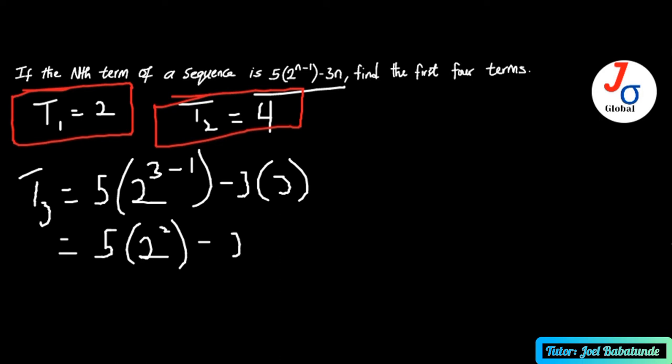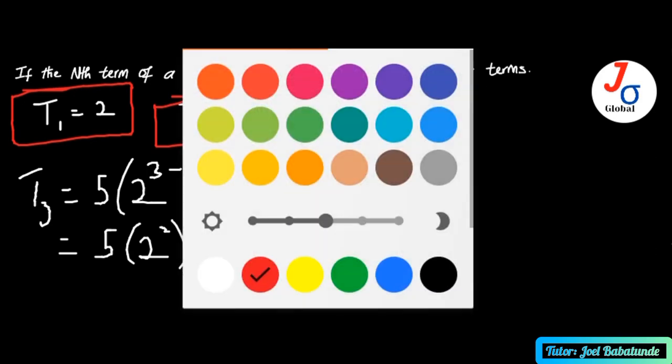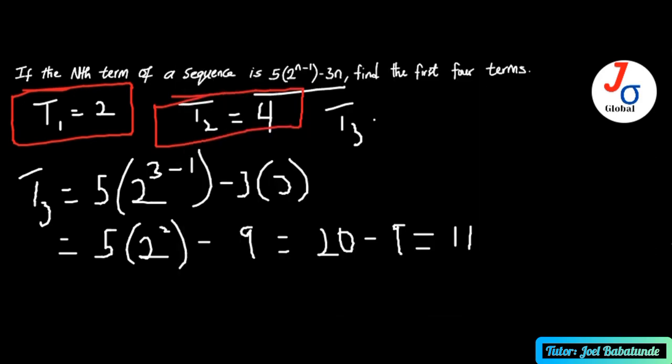Sorry, 3 times 3 is 9. So 2 squared is 4, 5 times 4 is 20, minus 9, and what I have is 11. So T3 is actually 11. Good, that's the third term.